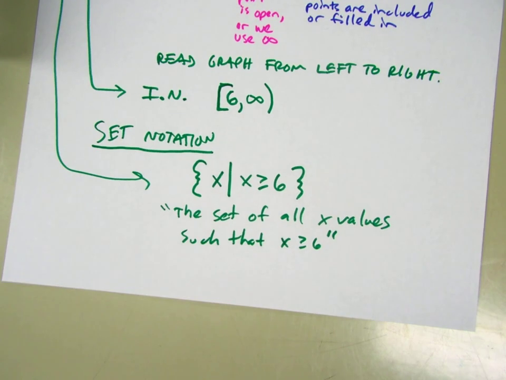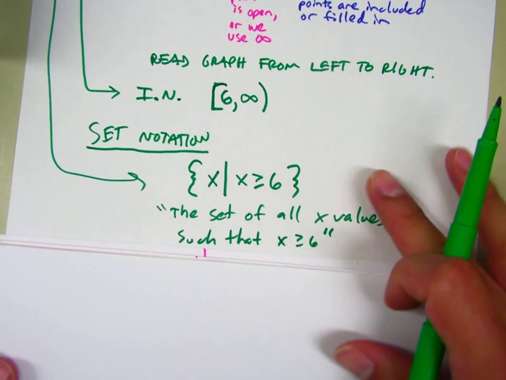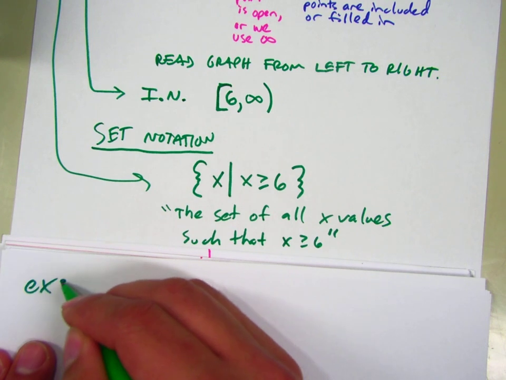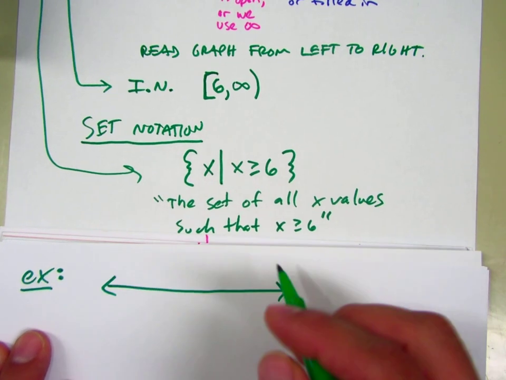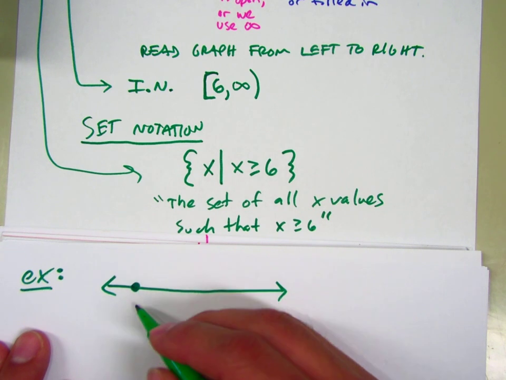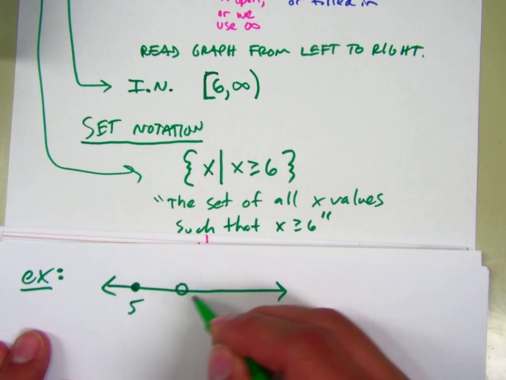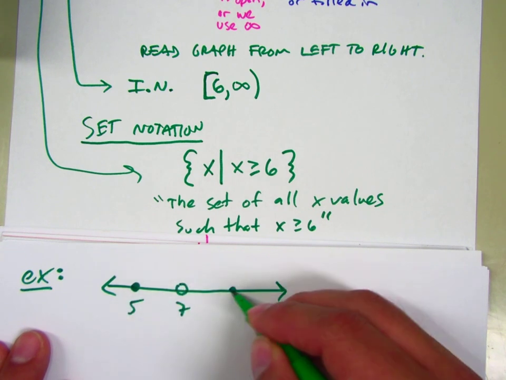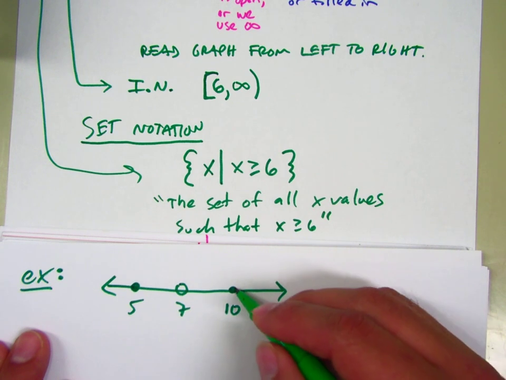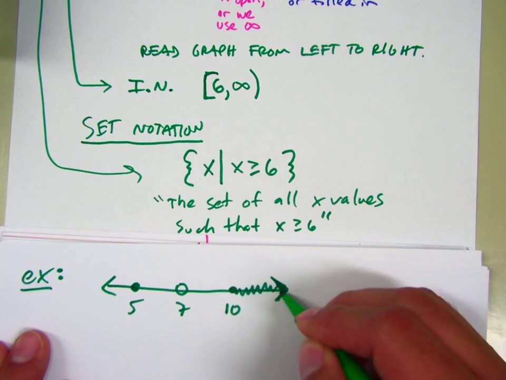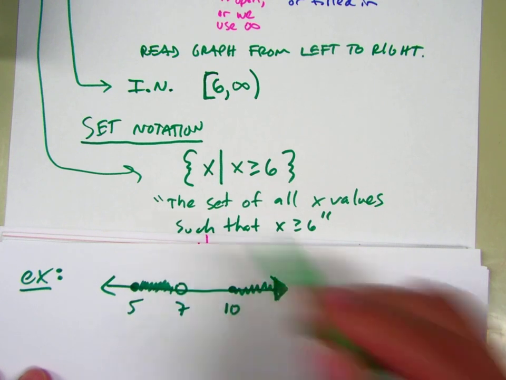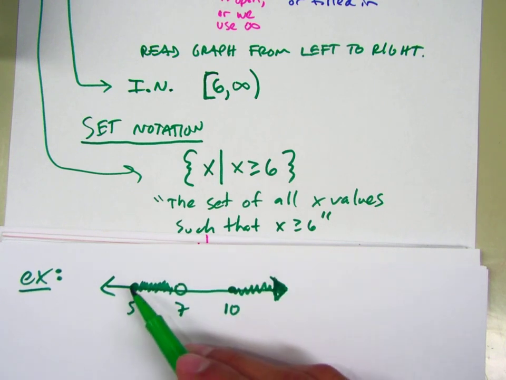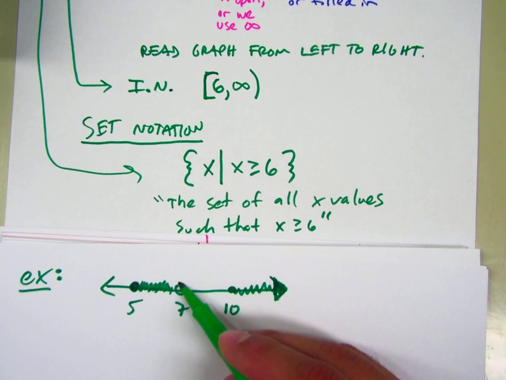All right, let's look at a couple of pictures. For example, let's say we have this number line, and this is our solution. Here we're shading from 5 to 7. 5 is filled in, 7 is open.